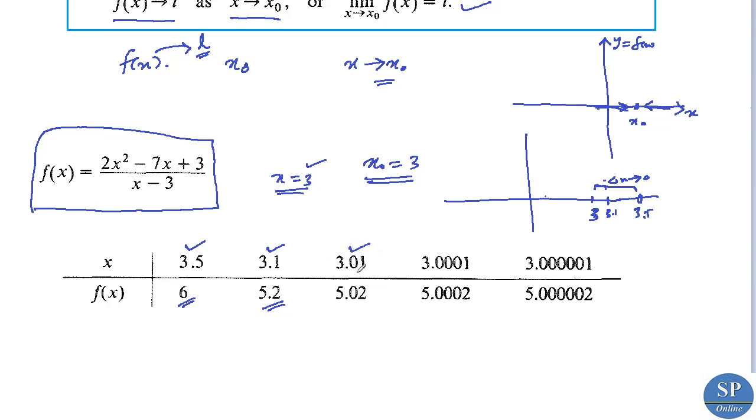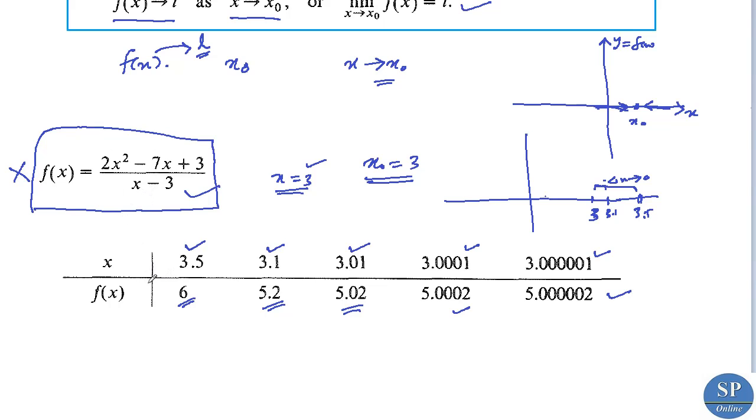When we apply this point here, we get the value 5.02, and decreasing again to 3.0001, we get the value 5.0002, and again decreasing, for x equal to 3.000001, we get the value 5.000, etc. We know that when x reaches 3, it is not defined. It is not defined at x equal to 3.